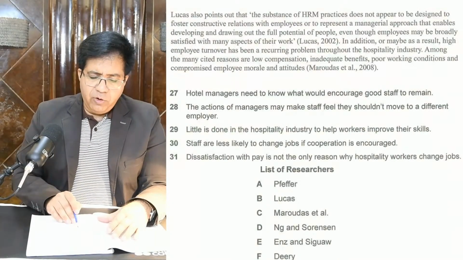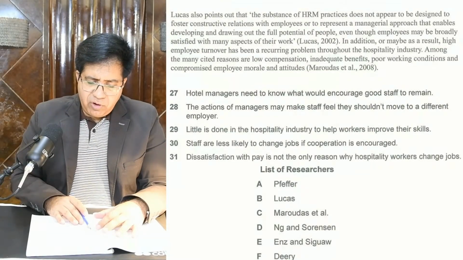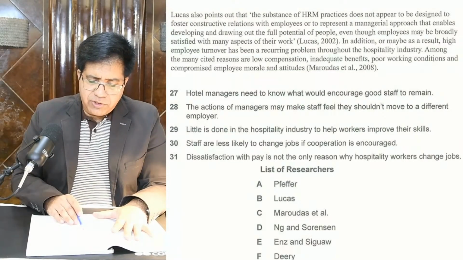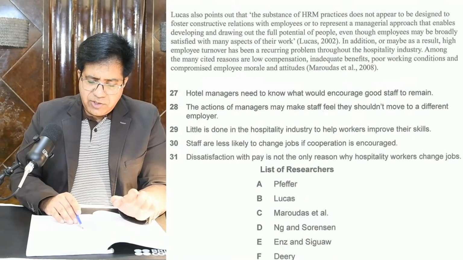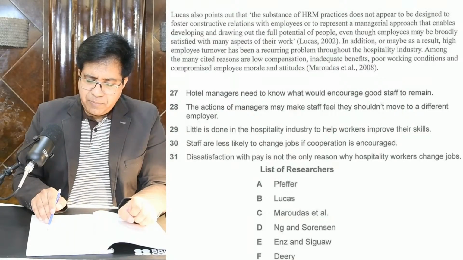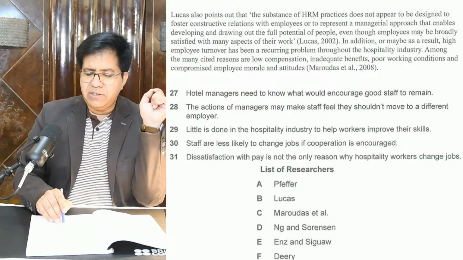Okay, please now follow me. Paragraph 1, 2, 3, 4. And we've got Lucas also points out that the substance of HRM practices does not appear to be designed to foster constructive relations with employees or to represent managerial approach. Okay, please come to Lucas 2002. Found it?